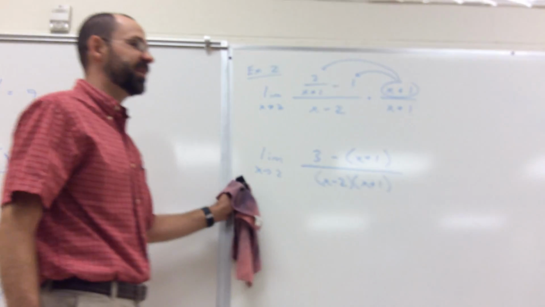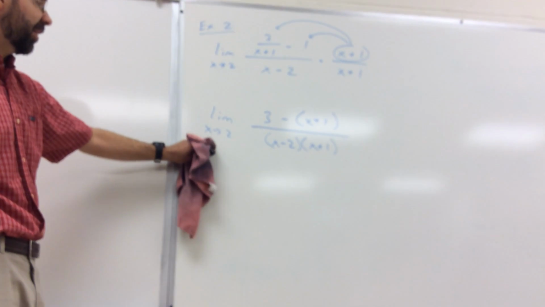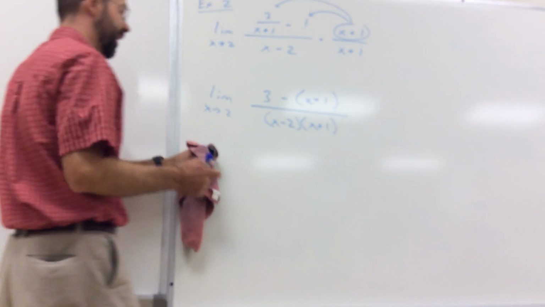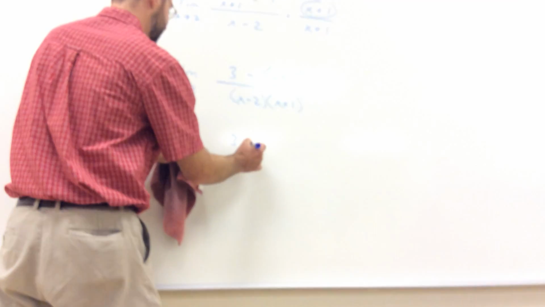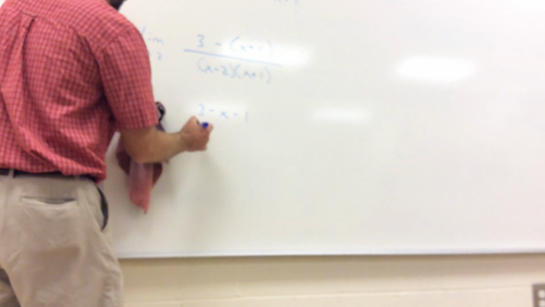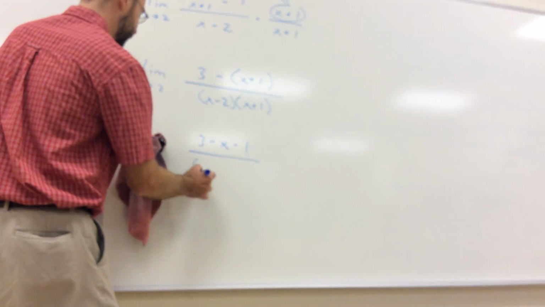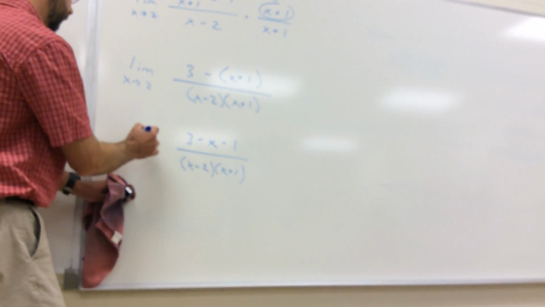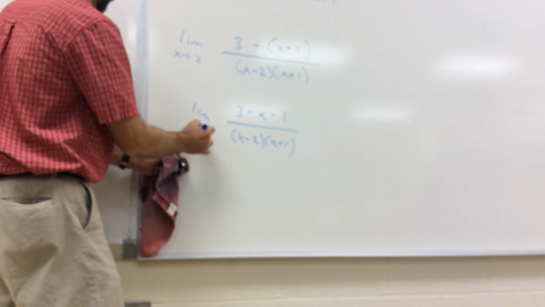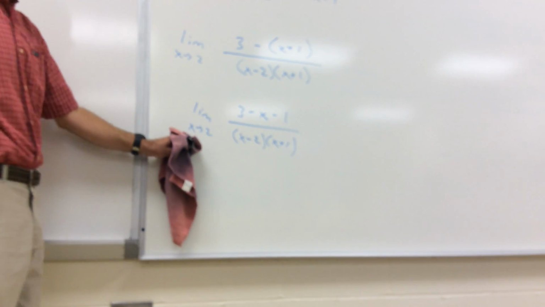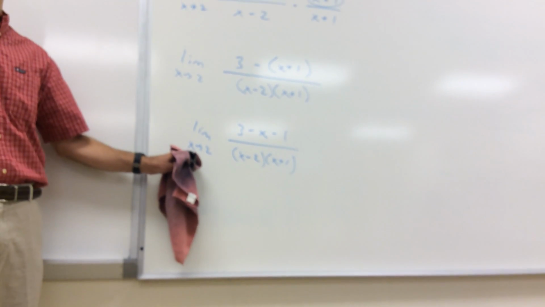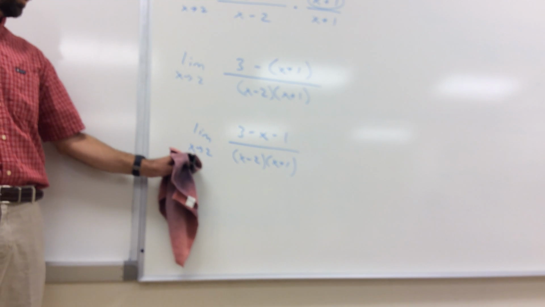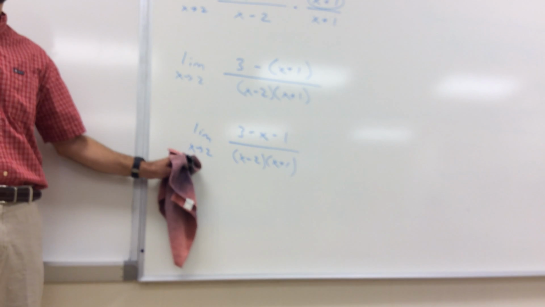So I'll be impressed. All right, so at this stage, then, I'm going to distribute the minus. 3 minus x minus 1. And then 3 minus 1 is 2.